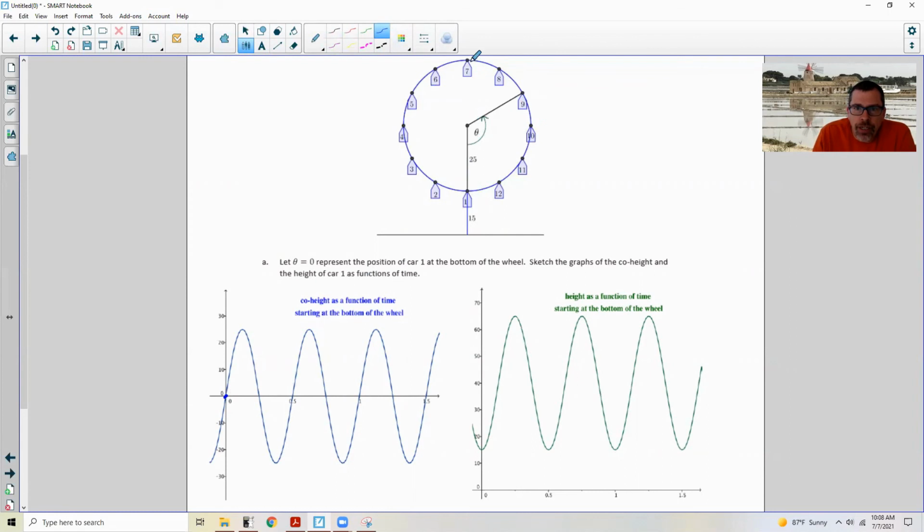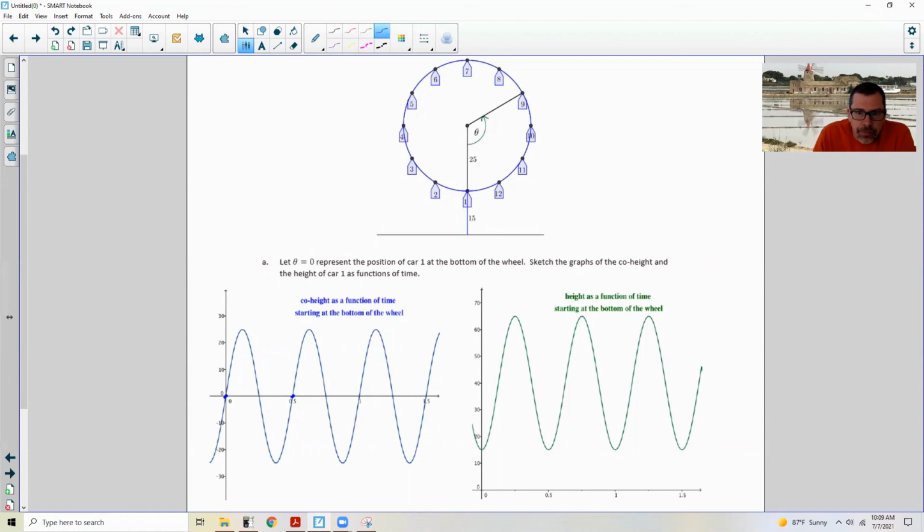A half rotation is 15 seconds. A quarter rotation is 7.5 seconds. So as you can see, 1 full rotation, all the way to the top, back to 0, all the way down to the minimum, and back to our starting point, is 30 seconds.